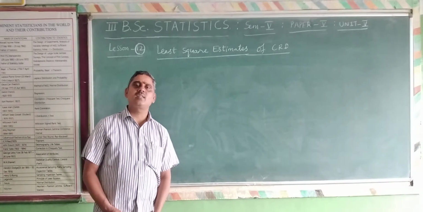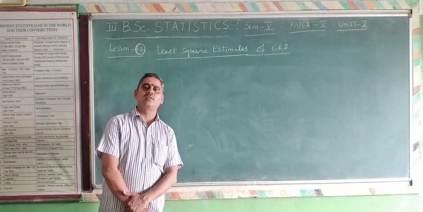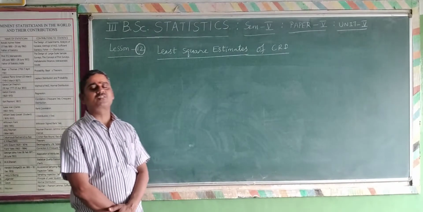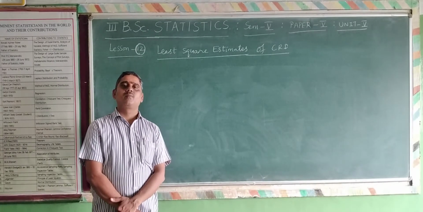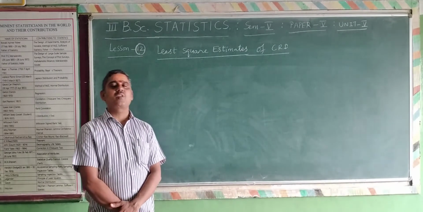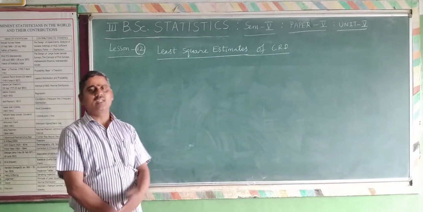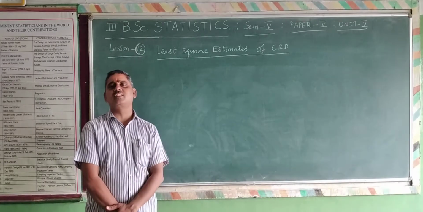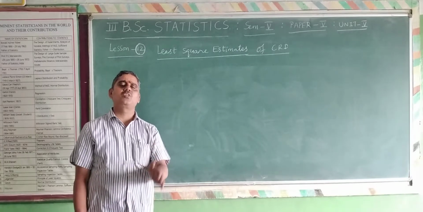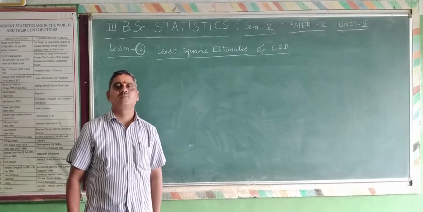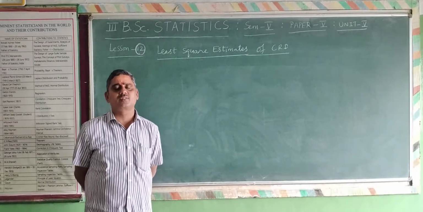So by minimizing the error component, the residual sum of squares, by using the principle of least squares. Minimizing the residual sum of squares is nothing but the principle of least squares.